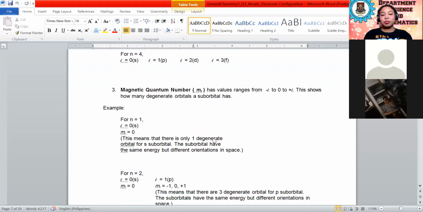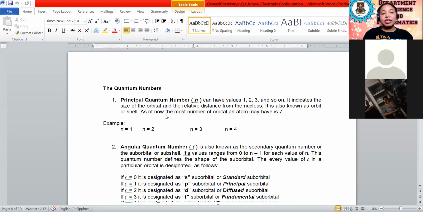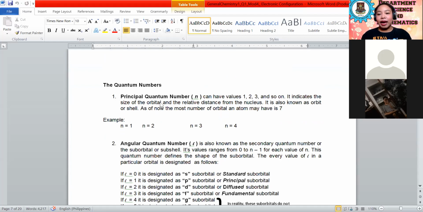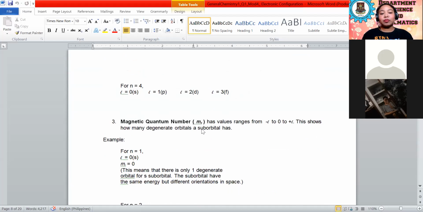Next, let's proceed to the magnetic quantum number. As I've said earlier, we refer to the principal quantum number as the balay. We refer to the angular quantum number as the quarto, while the magnetic quantum number is the bed, a double deck bed.